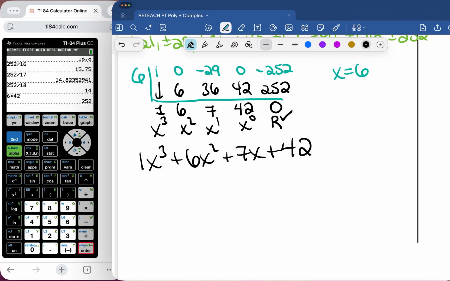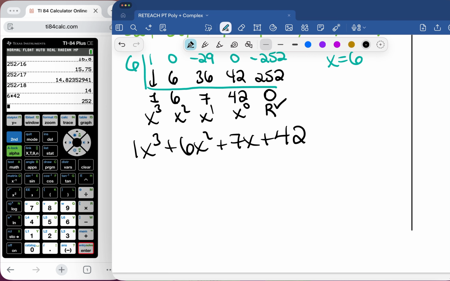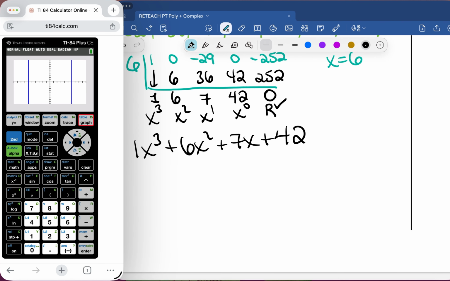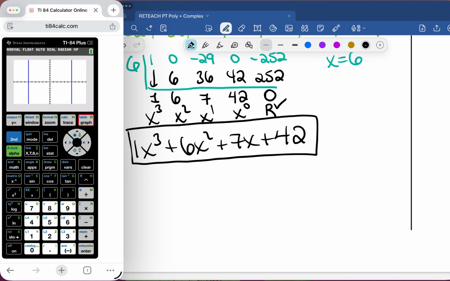So the next round is up to you. You have 2 possibilities. Because this graph did have another whole number, you can do a second round of synthetic division with this new quotient, or you can factor this quotient. And so factoring with this one would definitely be a grouping with those 4 terms.